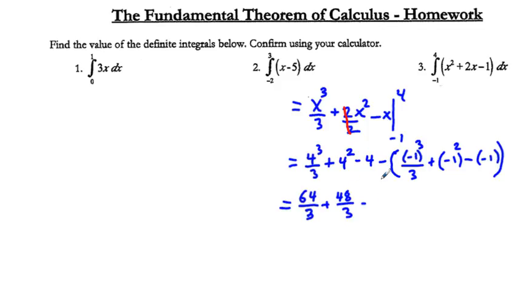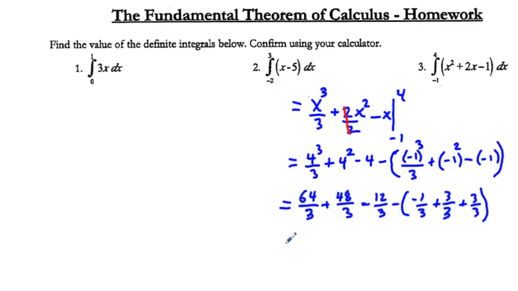And minus 4, well, 4 is 12 thirds. Okay, and we're going to subtract out what we have here. We have this -1 cubed. Well, that's going to be -1/3. And then we have this plus, well, this -1 squared is going to be plus 3/3. And this minus -1 is going to be also plus 3/3.